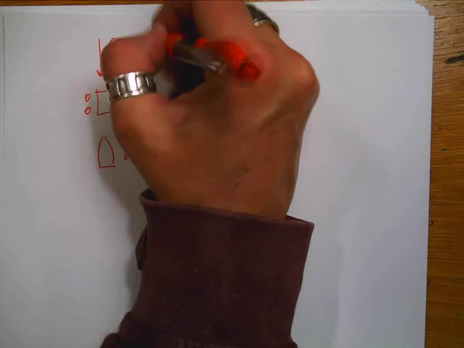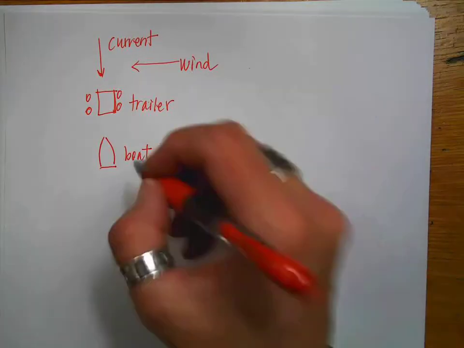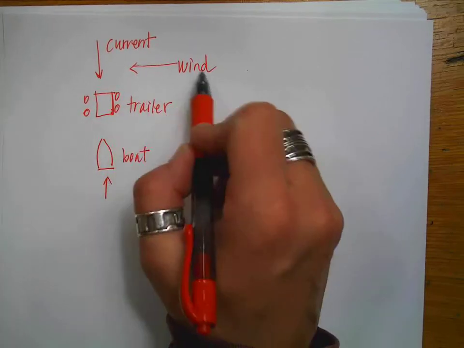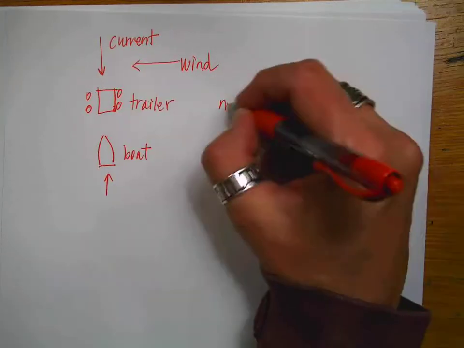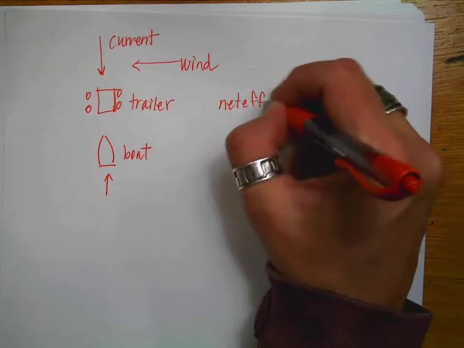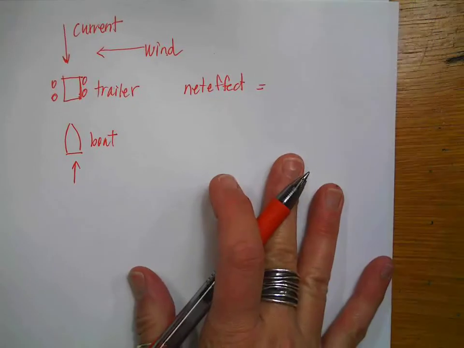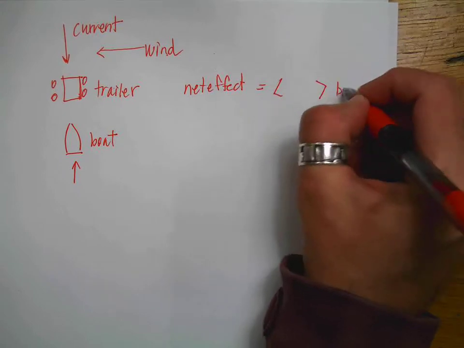And then maybe there's a current, and even if you're driving a boat on a lake, there's always a current. So the boat has a force, the trailer is stagnant, but the wind has a force and the current has a force. And so my net effect, meaning what's the force that it's going to take to get that boat back on the trailer, and if you've ever tried to do that, it can be entertaining.